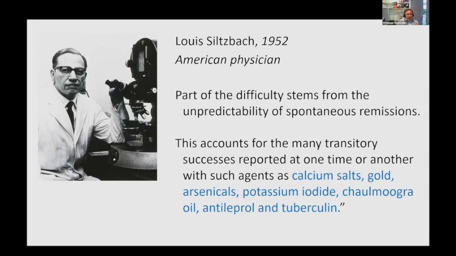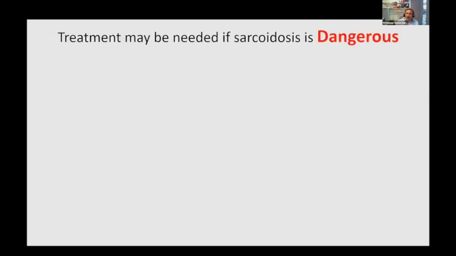So we've heard that sarcoidosis may well improve by itself, the whole process diminishes, but sometimes not. And we then have to decide when we should offer treatment, which tends to be in the form of steroid therapy. And it's, again, well accepted in the medical community now that the indication, the reason for treating sarcoidosis or offering treatment, considering treatment, is if it is dangerous.